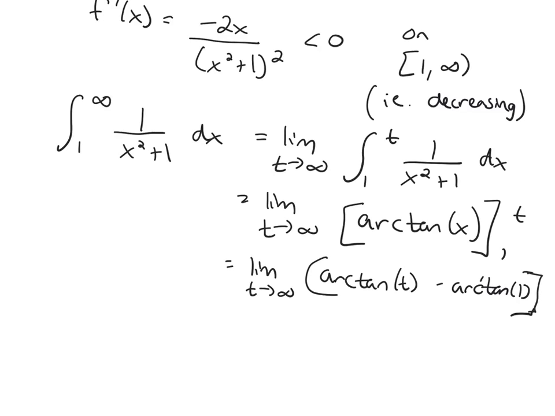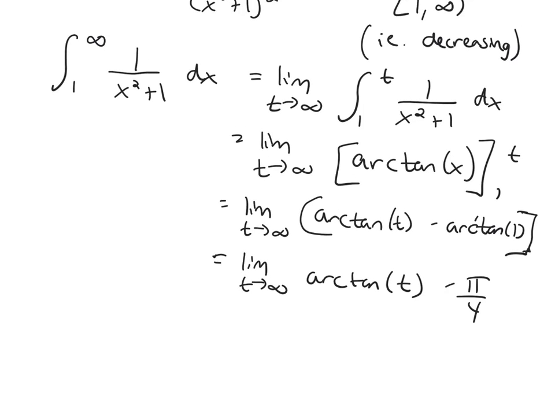Okay. What's arctangent of 1? What angle gives me tangent equal to 1? That's the value where sine and cosine are equal. What's my angle? Pi over 4. So I'm getting arctangent of t minus pi over 4.